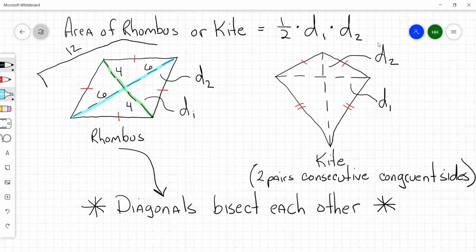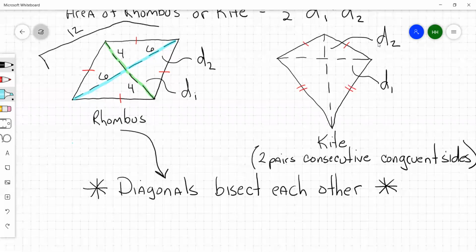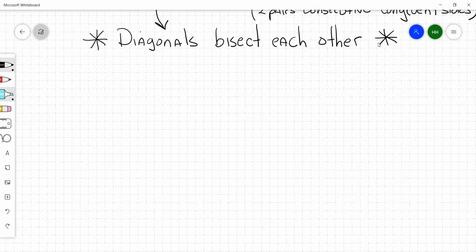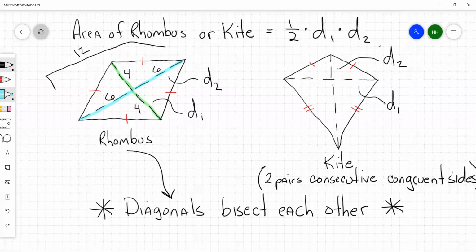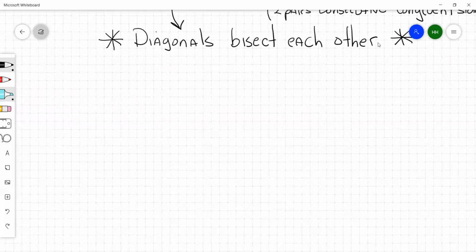Let's see. Hang on a second. I'll try to answer it with a drawing. This picture right here, where all the sides are the same, it appears as though the diagonals are congruent, doesn't it? I wish I had a box. I need a box to show you this.